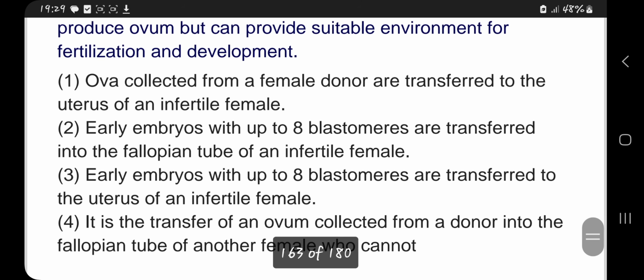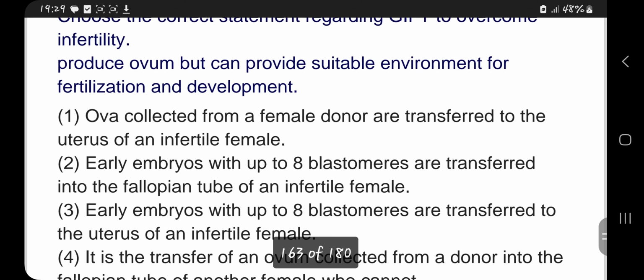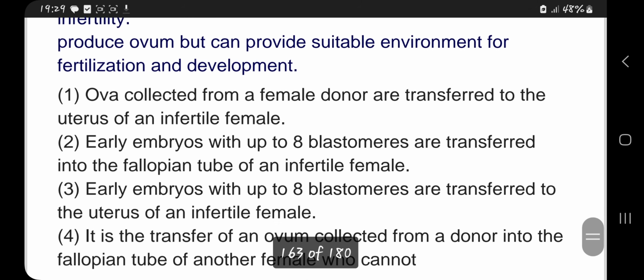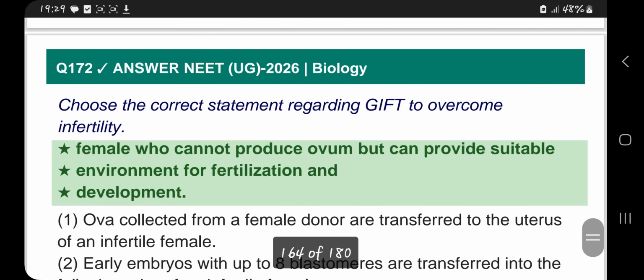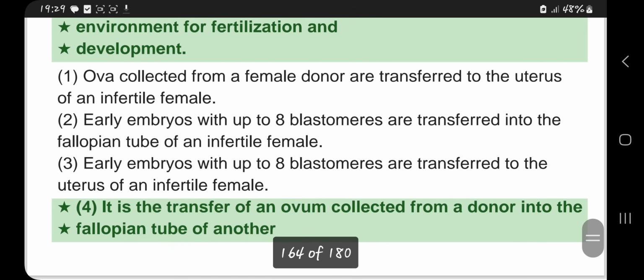Early embryos up to 8 blastomeres are transferred to the uterus of an infertile female. It is a transfer of an ovum collected from a donor into the fallopian tube of another female who cannot produce ovum but can provide suitable environment. So mostly the answer seems to be the fourth one.